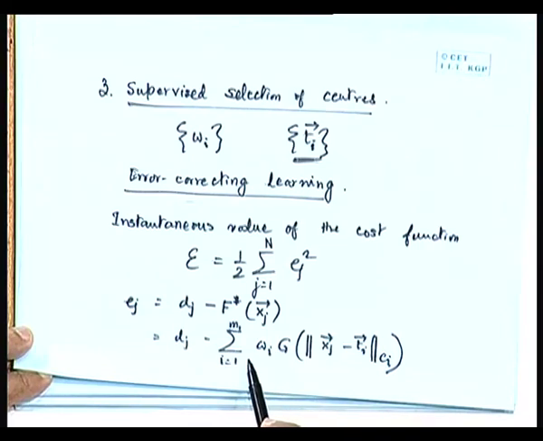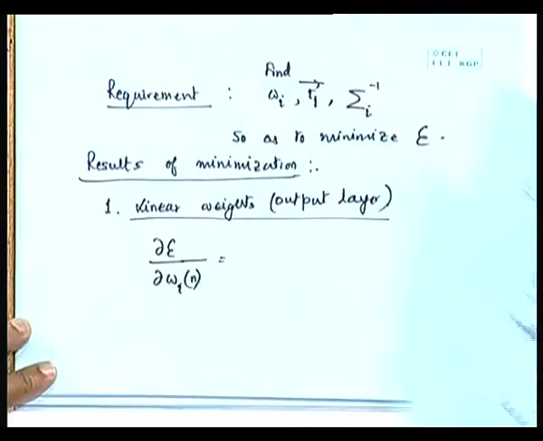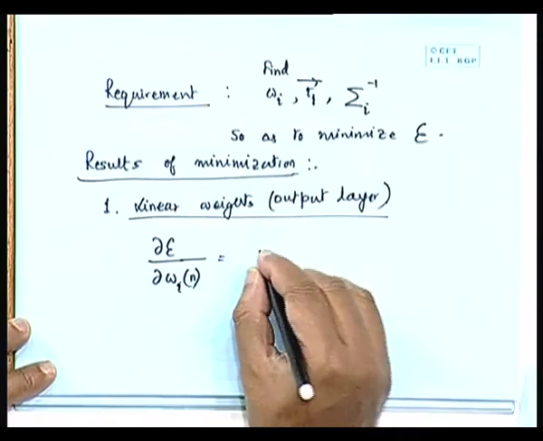If we differentiate, it will be only the term W_j that will have a non-zero component, and that we have to find out for all j equal to 1 to n.